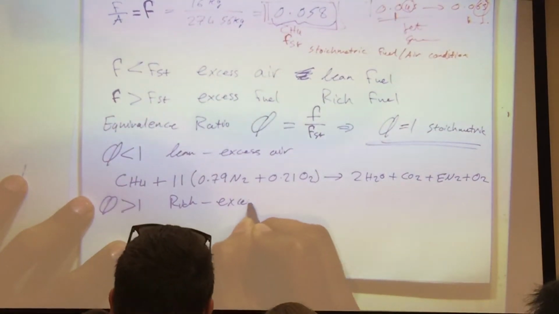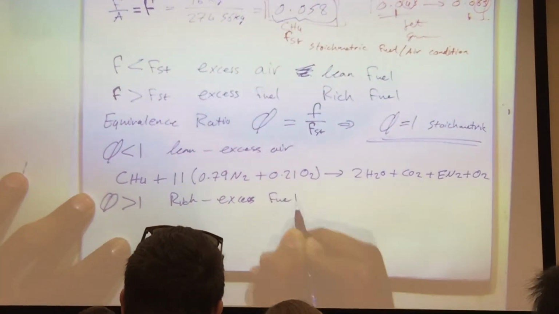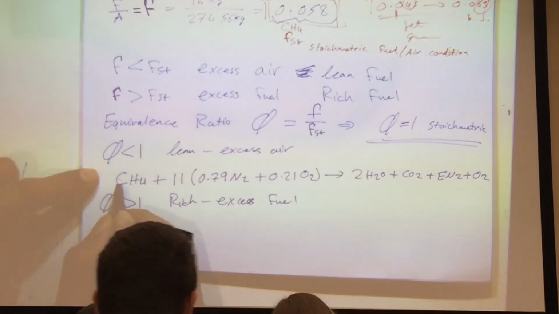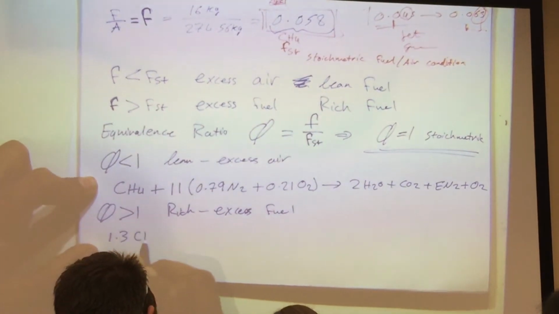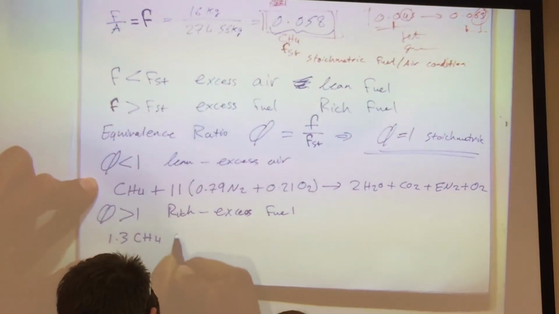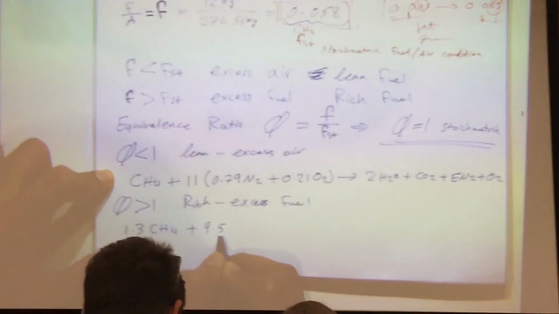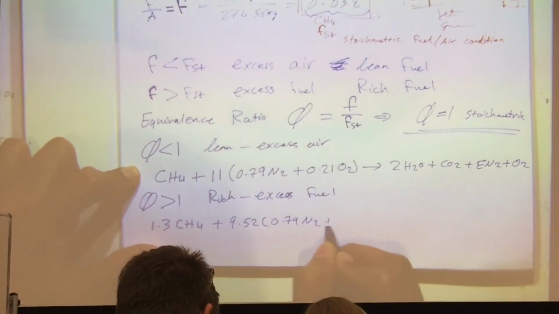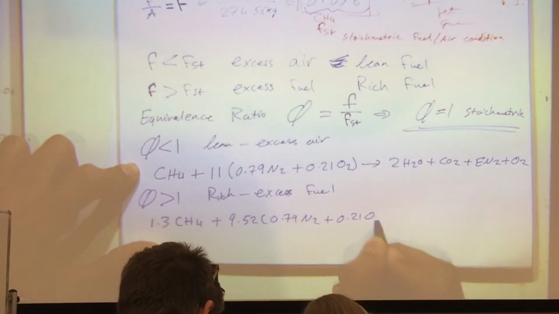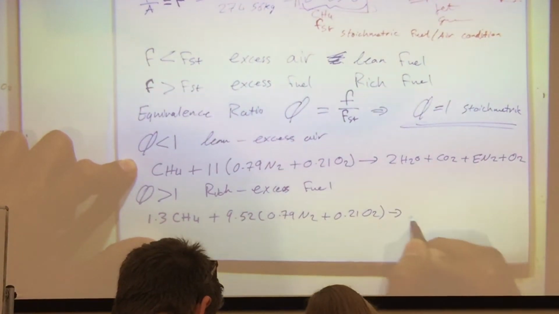Or if I have a rich condition, excess fuel. Let's say I put too many molecules of my fuel, so 1.3 CH4, and keep the air at the same level, 9.52, 0.79 nitrogen plus 0.21 oxygen. And what am I going to get?